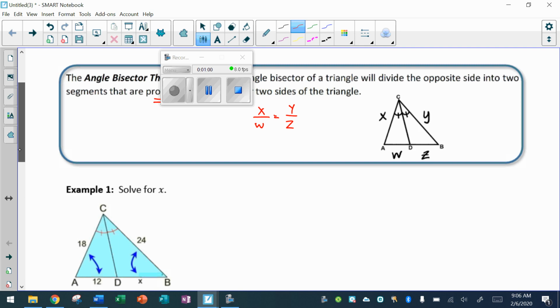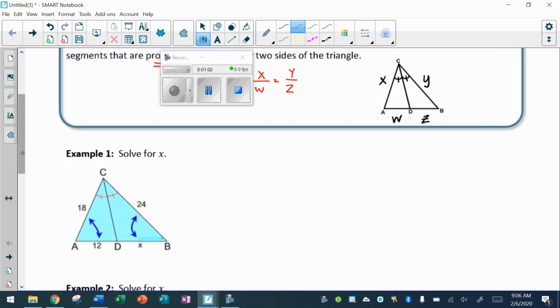So for example, I have an angle bisector here drawn CD. 18 is to 12 should be in the same ratio as 24 is to x. Well, you can cross multiply. 18x is equal to 12 times 24, that's 288.